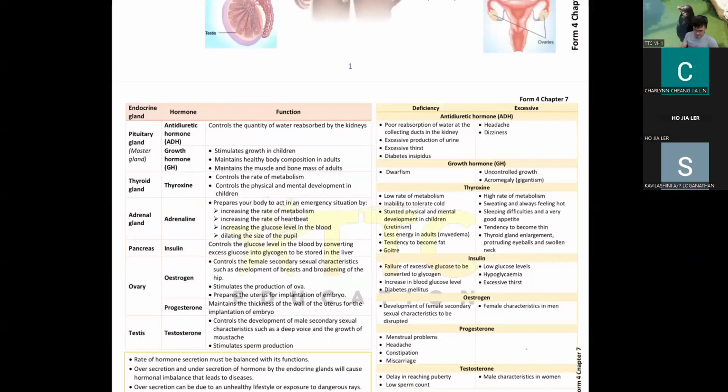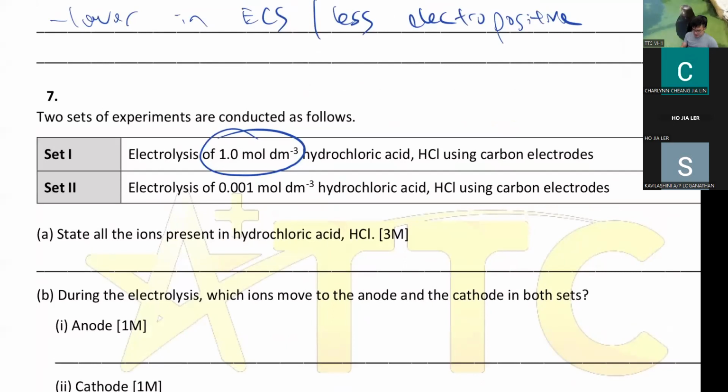Oops, sorry. Situation 2. Right. What about the second set? What does 0.001 mole mean? Is it concentrated?